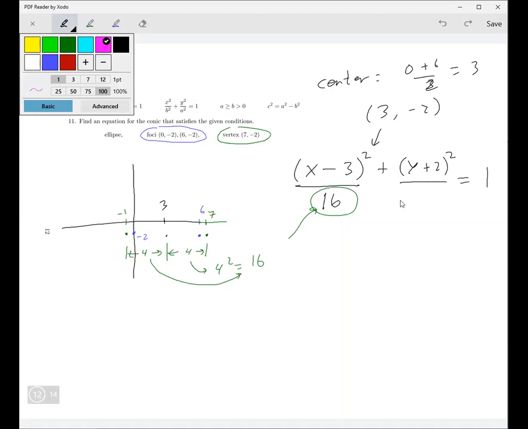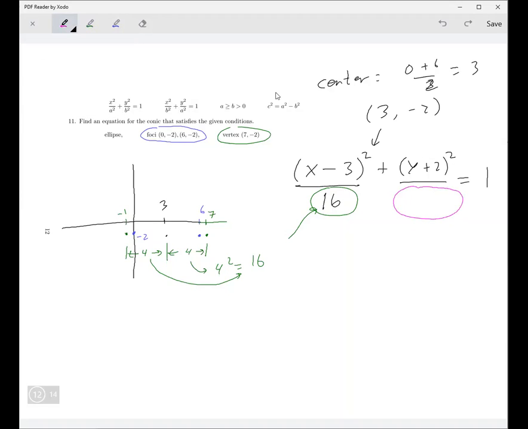And then for the last piece right here, we use this because we want to find the b squared. And we know c squared. Okay, so c squared comes from this distance here, which is 3.